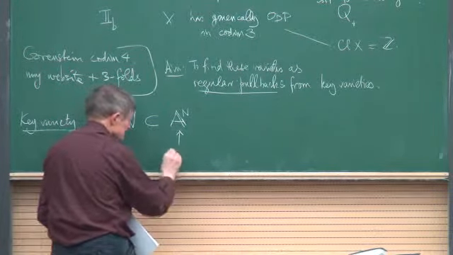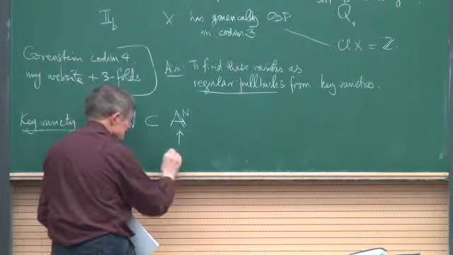So I want X in there to be the pullback. Right, and so a regular pullback. You might give as example a determinantal variety. Could be a key variety. So let me give an example.